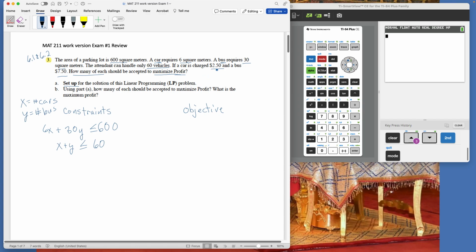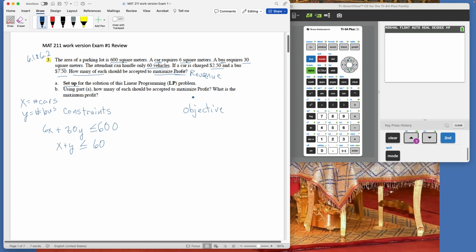If a car is charged $250 and a bus $750, how much? So this is dealing with not really profit. I would call this revenue. For profit, you have to subtract off costs, right? And we aren't given any information about cost.